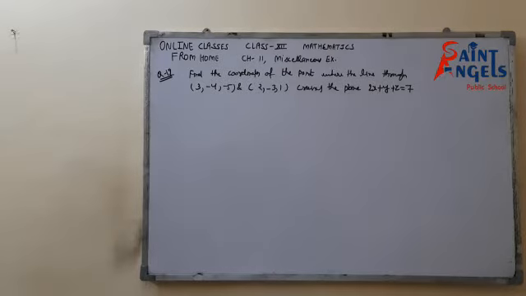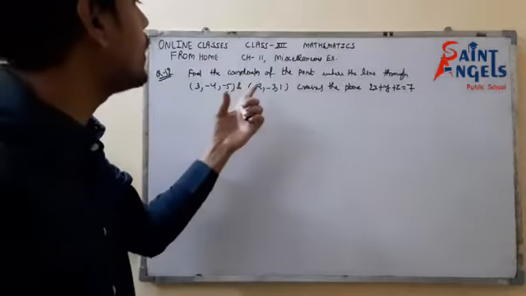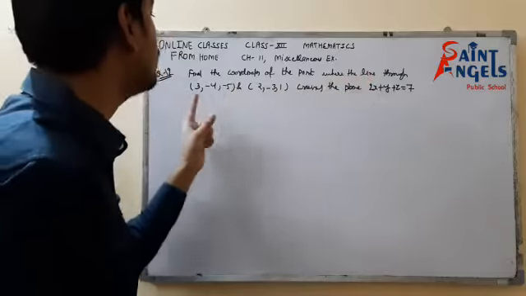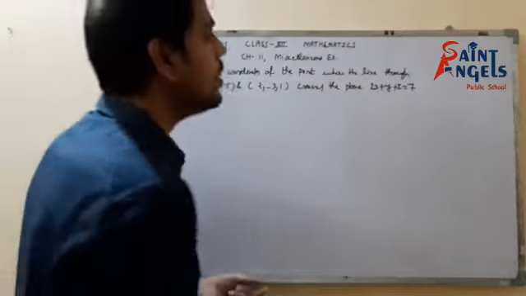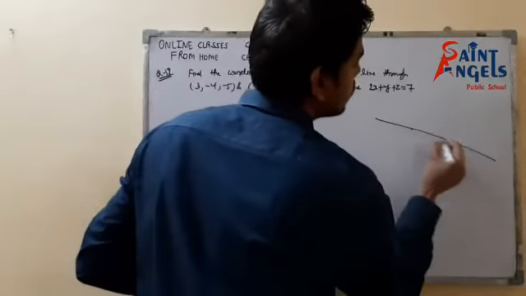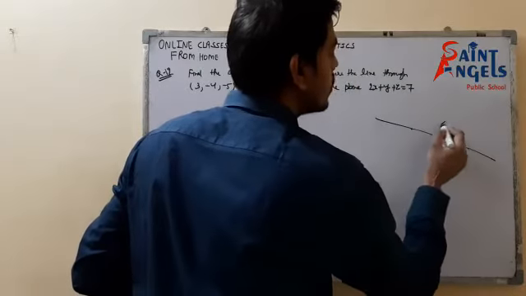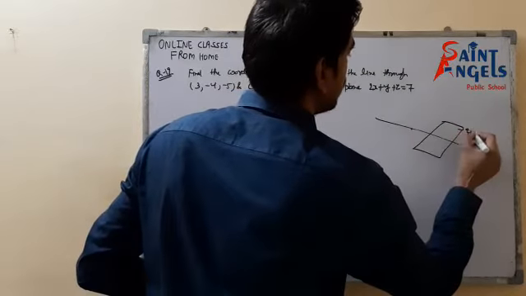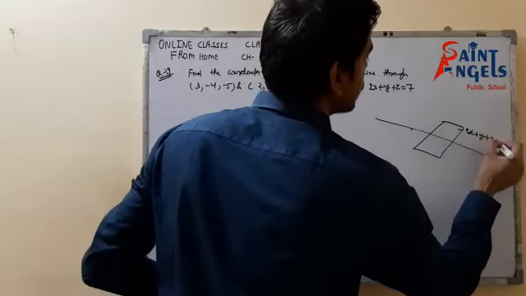Now look at question number 12. Question number 12 says, find the coordinate of the point where the line through these 2 points crosses the plane. So this is a line passing through these 2 points, and it has to cross the plane, that is 2x plus y plus z equals to 7.